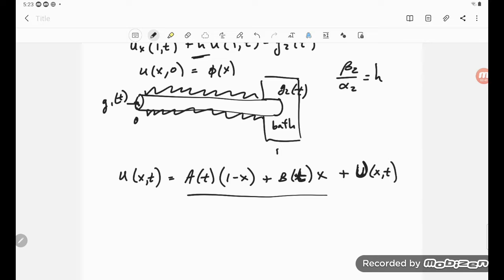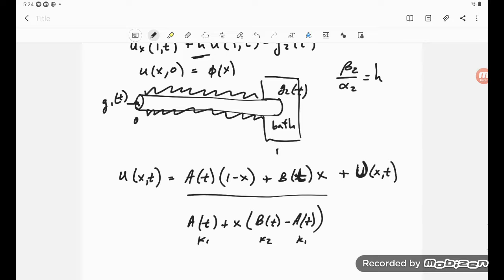And notice this is just, if I multiply through, a of t, and then plus x times b of t minus a of t. Okay, so this is a lot like K1. That's a lot like K2. Right, that's what's happening there.